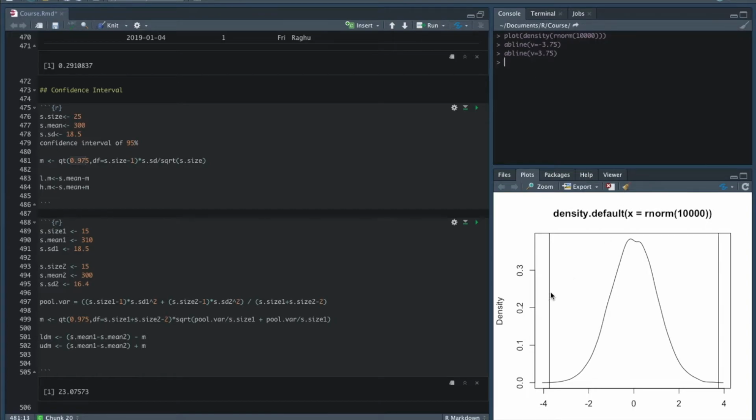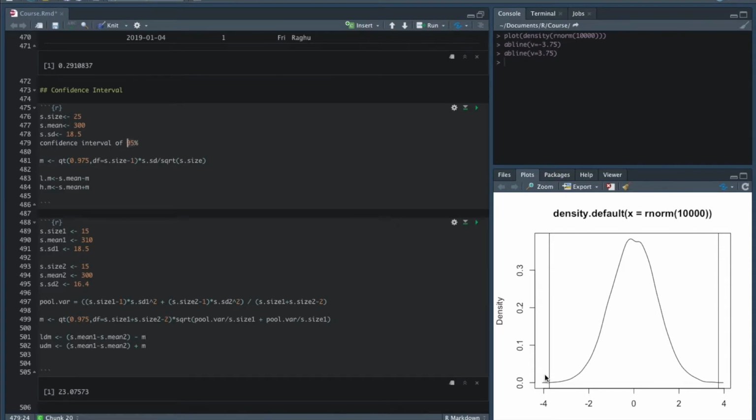So you see the two lines shown here on the curve. The range between these is 95%. That means the area beyond the range of these two will add up to 5%, because our confidence interval is 95%. So out of 100%, 5% is left.